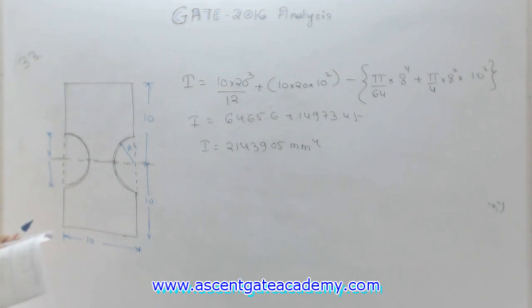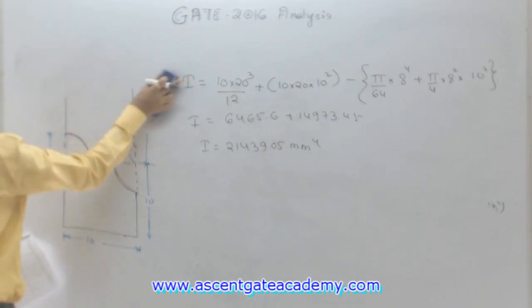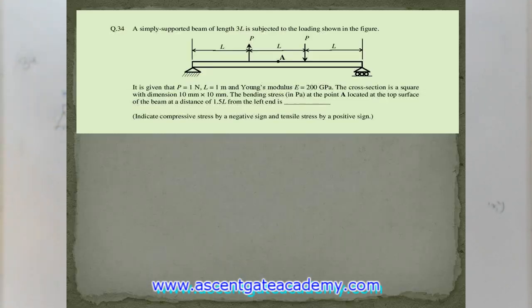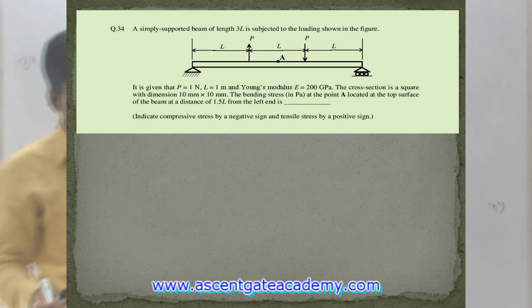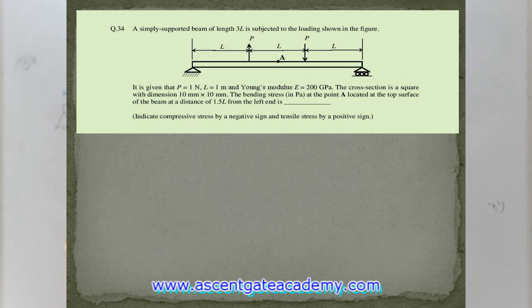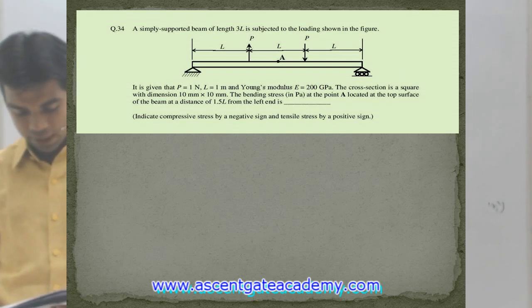Okay, next is question number 34. It is given that P is equal to 1 Newton, L is equal to 1 meter, and Young's modulus E is equal to 200 gigapascal. The cross section is a square with dimension 10 by 10 mm.